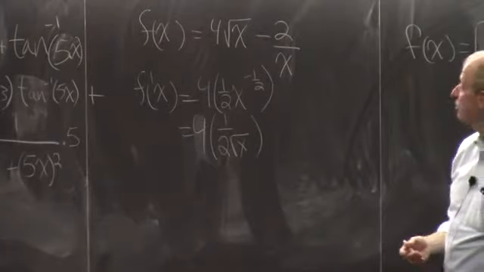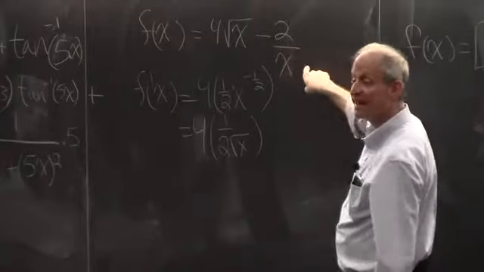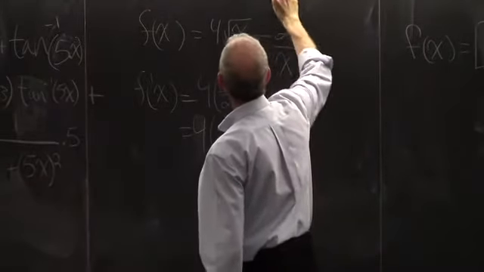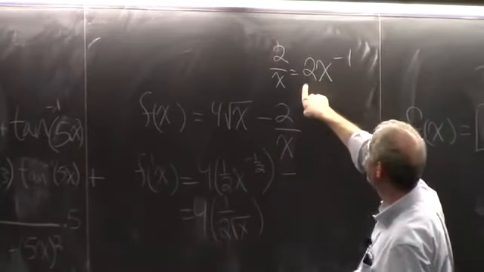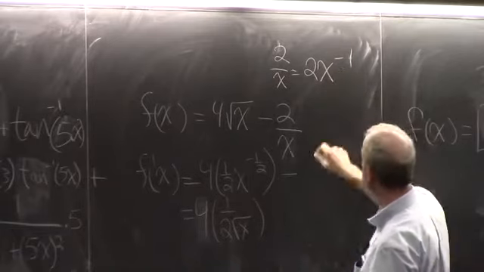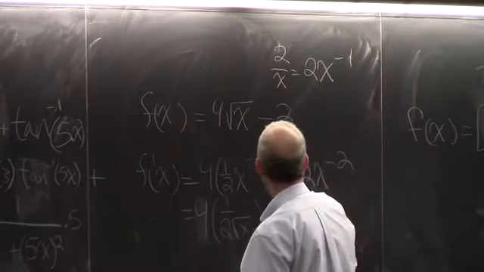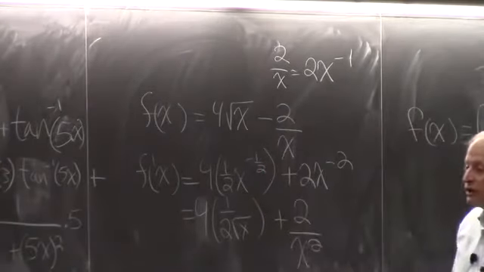Okay? The derivative of 2 over x, well, this is the same as 2 times x to the negative 1. Right? So the derivative would be negative 2 x to the negative 2, or negative 2 over x squared. So you could leave it like this.